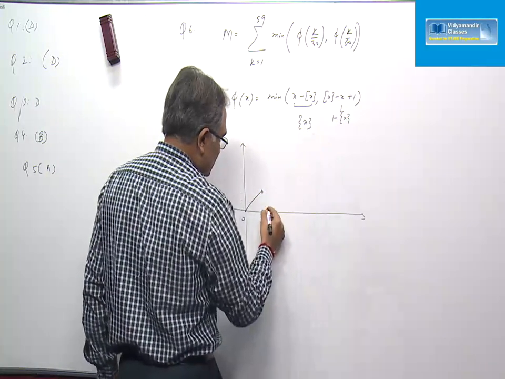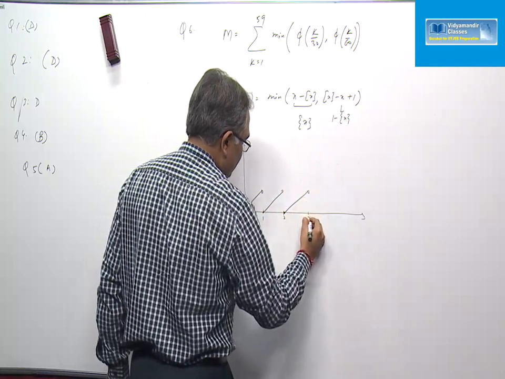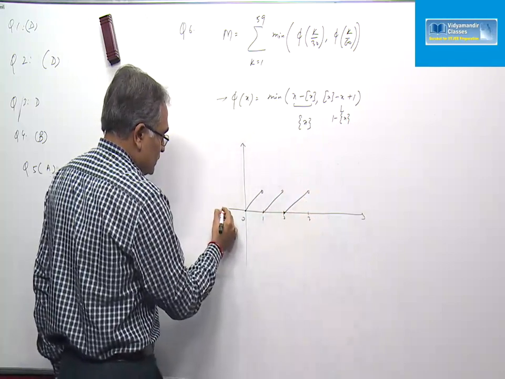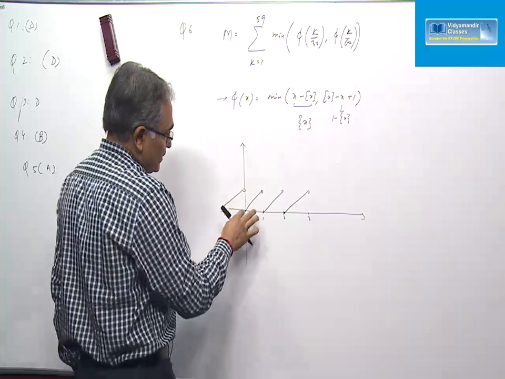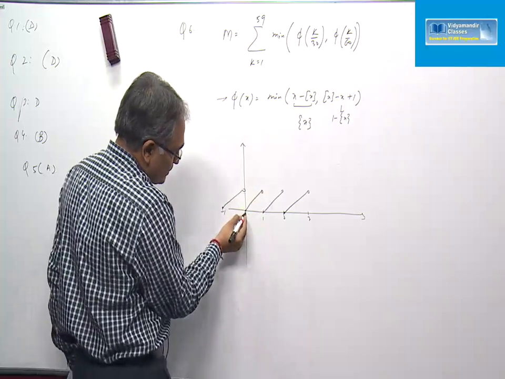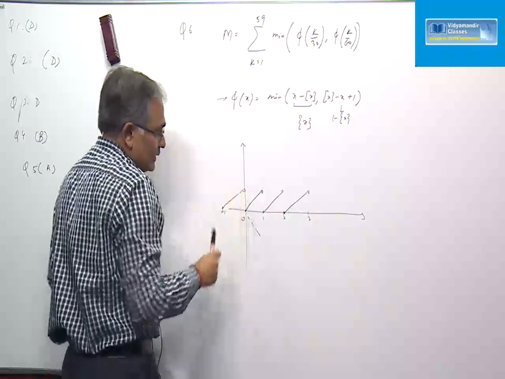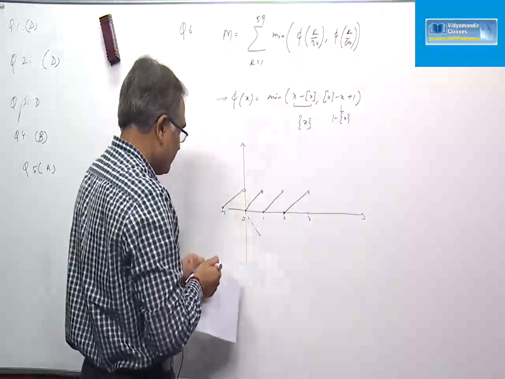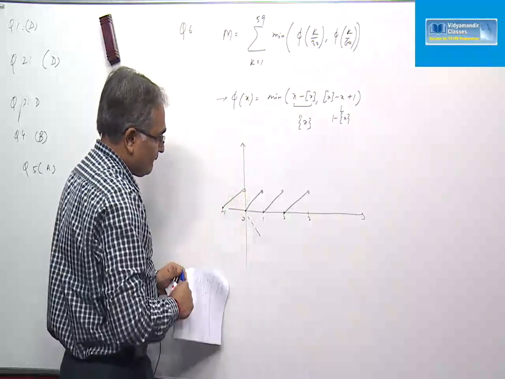From 1 to 2 it is like this. 2 to 3 it is like this. Minus 1 to 0 is like that. And 1 minus fractional x is negative of fractional x, and adding 1, that is taking it upwards, it is like this.